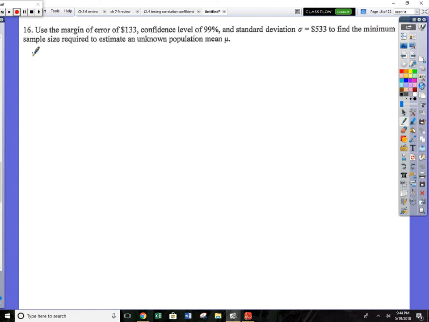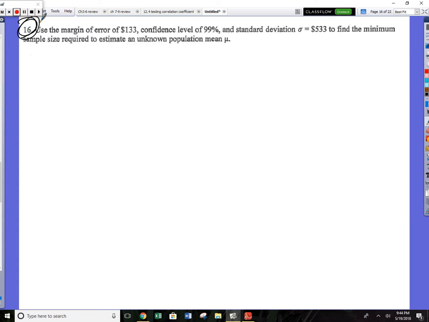Okay, 16. I like this one. This one's probably going to show up. This one's hard. Use the margin of error of 133 bucks, confidence level of 99%, standard deviation of 533 to find the minimum sample size. So how many people are you going to have to talk to in order to really get a true estimate of this population mean? Okay, so here we go. There's a formula.